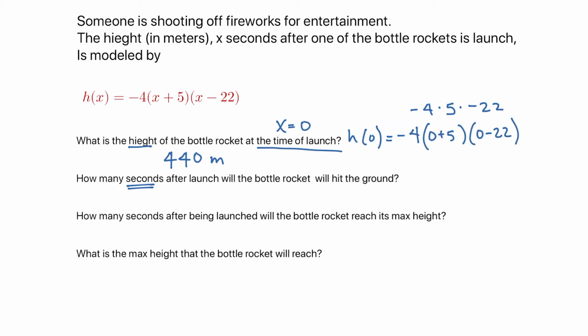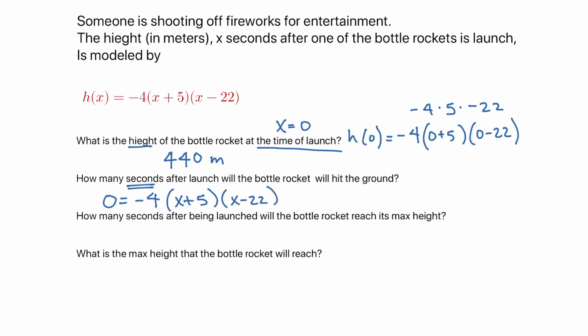What is the height of the rocket when it's on the ground? It's 0. So I'm going to set my whole thing equal to 0: 0 = -4(x + 5)(x - 22).